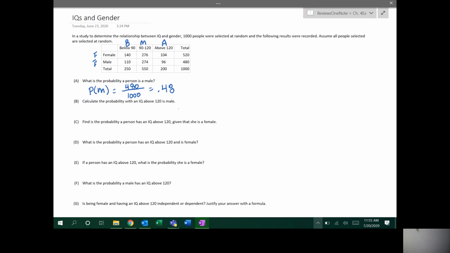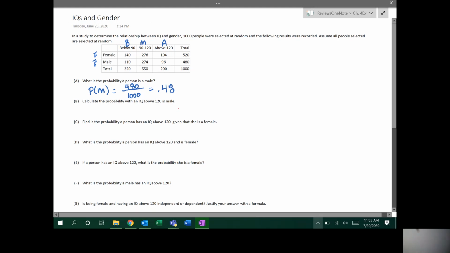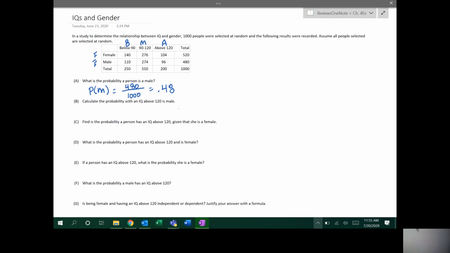Part B is not a one-set question because it talks about IQ and gender, above 120 and male. So if it is a two-set question, then it will either be an and, an or, or a conditional. For ands, look for the keywords of and or but or both, something that's saying something and something else. For or questions, look for the word or nor.